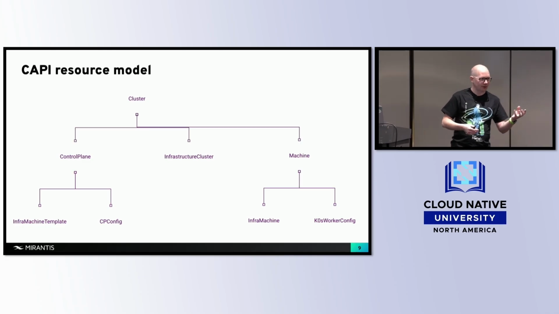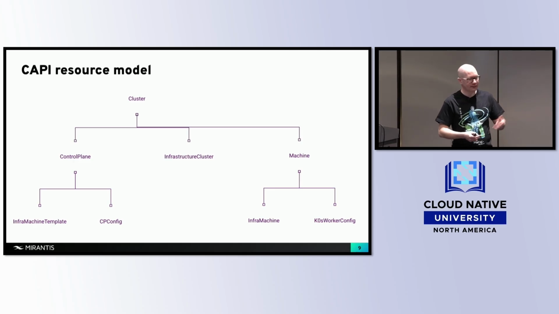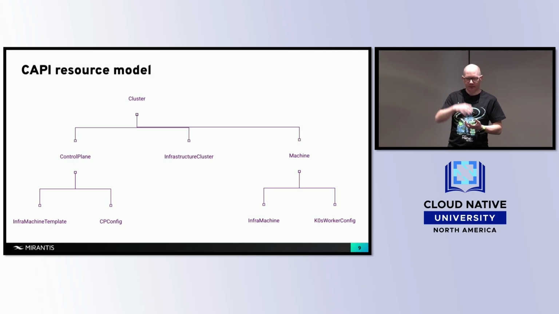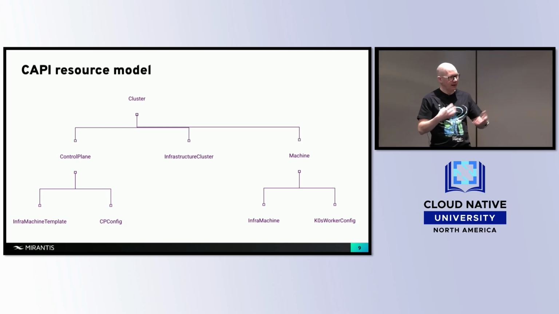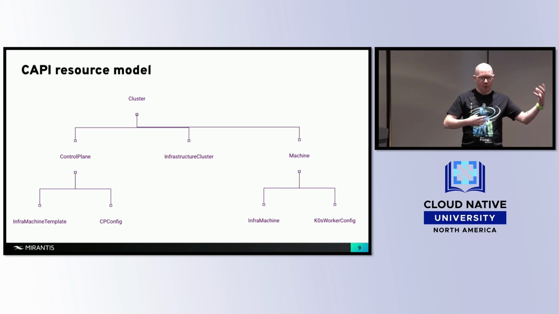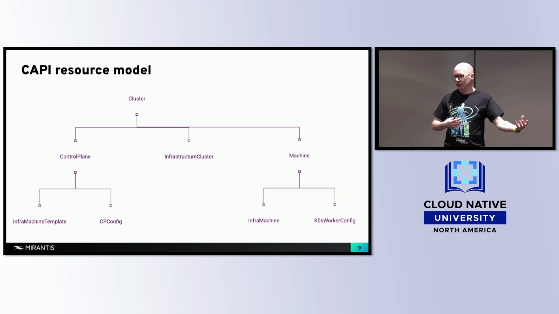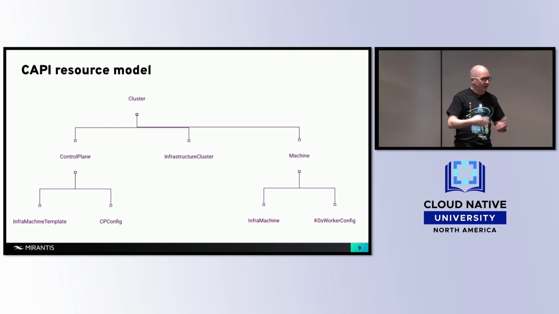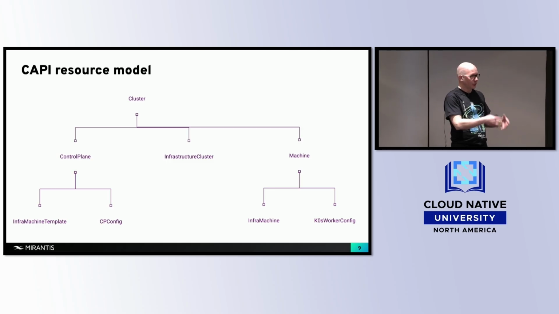A cluster needs a control plane, for sure, always. So we say that, okay, for this cluster, we're going to use this sort of control plane. And again, control plane is kind of abstract, so we need to tell on what infrastructure we are going to run the control plane, and in what kind of configuration we want to run it. If you have been using kubeadm, for example, your control plane configuration would be the kubeadm configuration that you use anyway when booting up things with kubeadm.